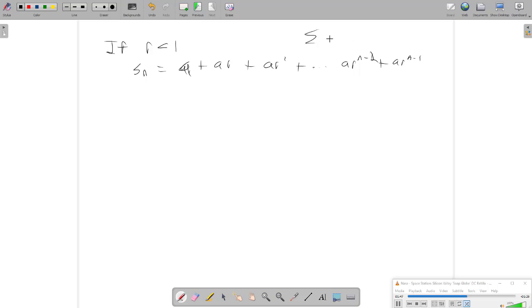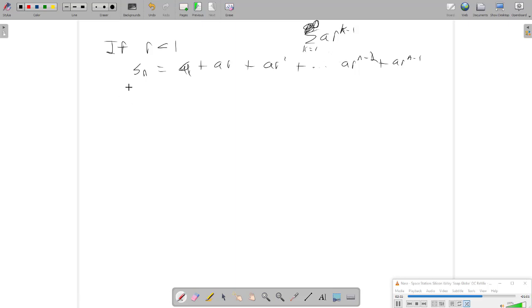Because remember, our sum is ar to the k minus 1, k equal 1 up to n.